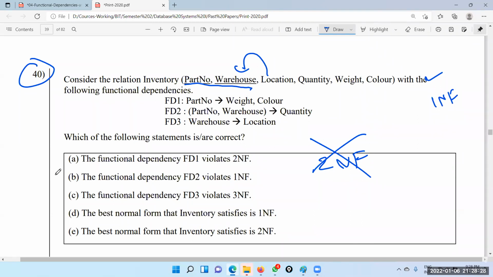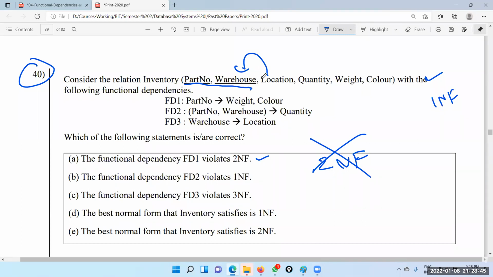What they are asking is which functional dependency violates. Part number determines weight and color.